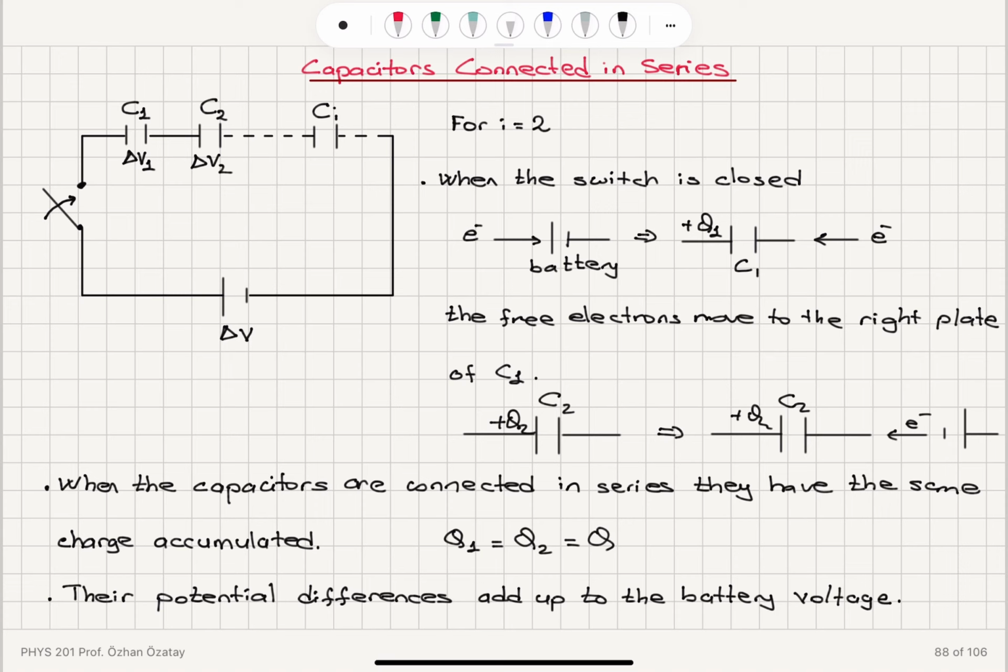Therefore, the condition that has to be satisfied in the connection in series is that they have the same charge stored: Q1 equals Q2 equals Q. And at the same time, the potential differences delta V1, delta V2, etc. should add up to the battery voltage in order to have the equilibrium situation.